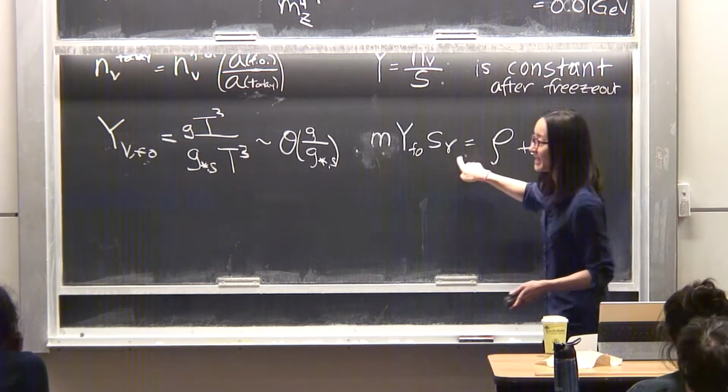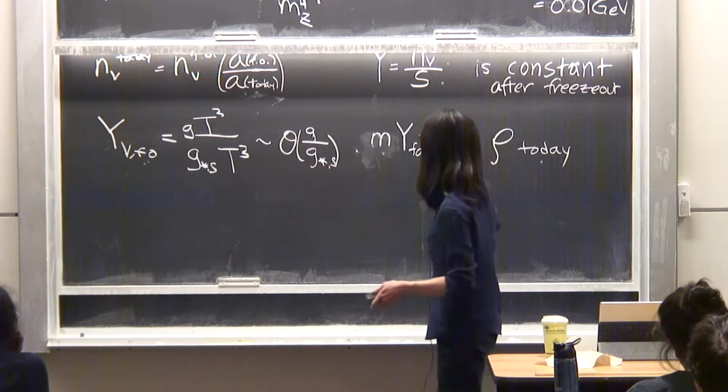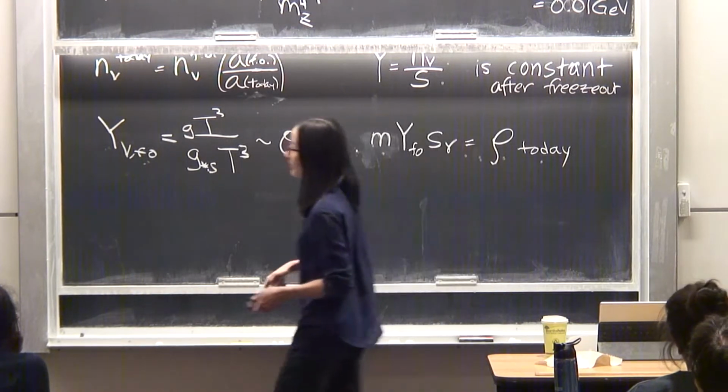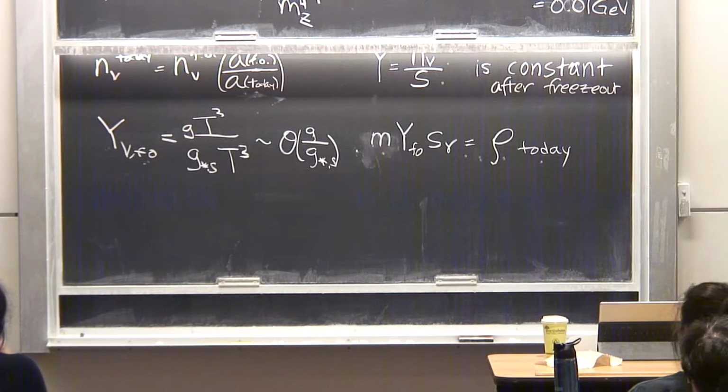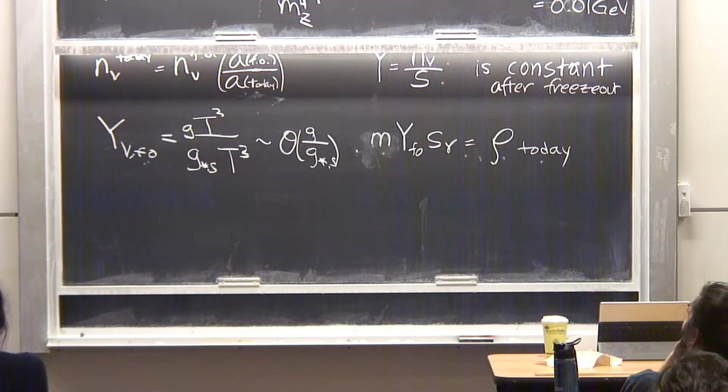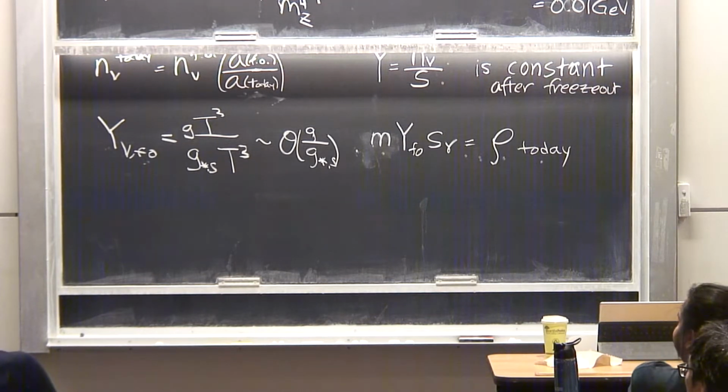Both of these quantities I just gave you over here for a dark matter candidate. So I'll write one more relation here, which is that whatever the freeze-out co-moving number density is, it has to be equal to the critical density over the mass for something that's 100% of the dark matter.